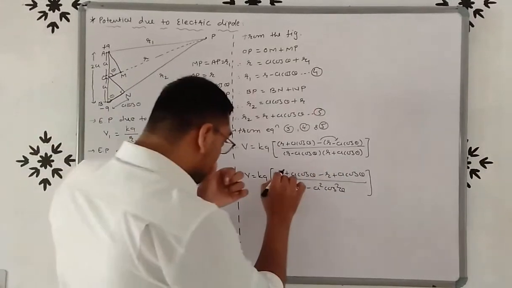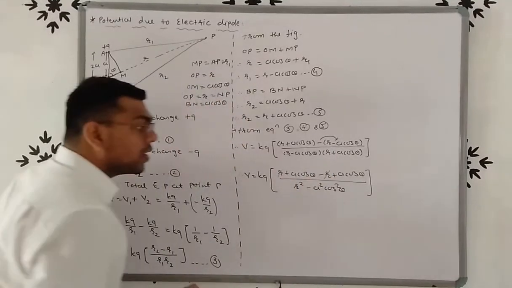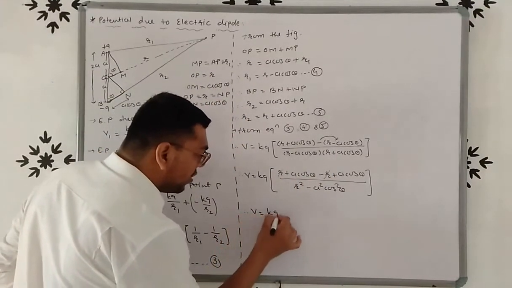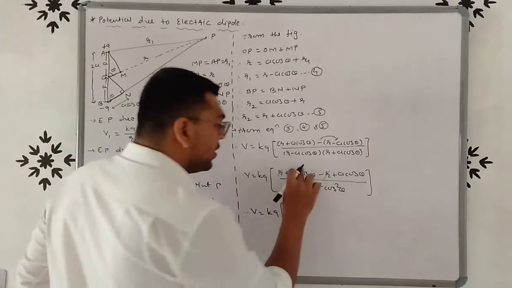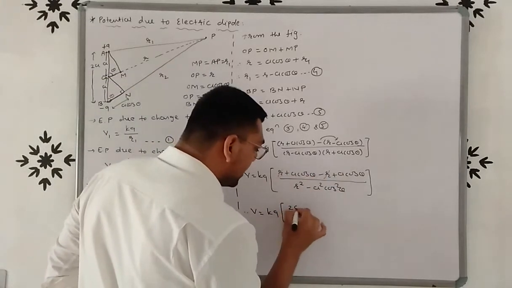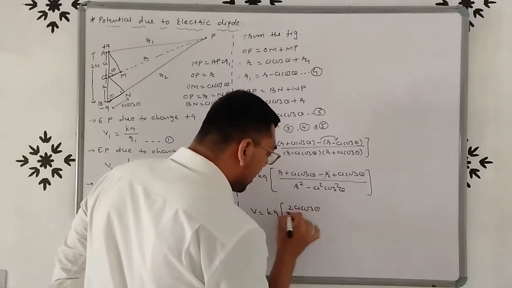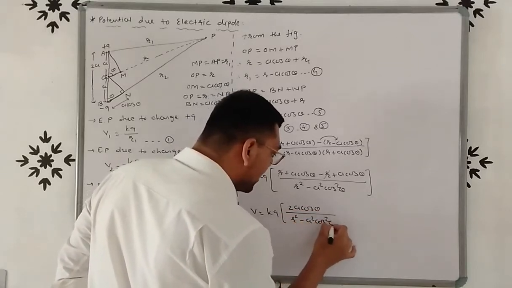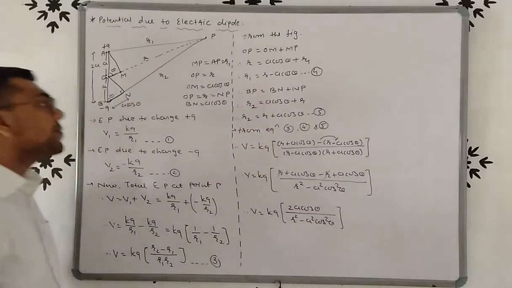So here friends, this R cancels. So V is equal to KQ into A cos theta plus A cos theta, that gives 2A cos theta upon R square minus A square cos square theta, right?